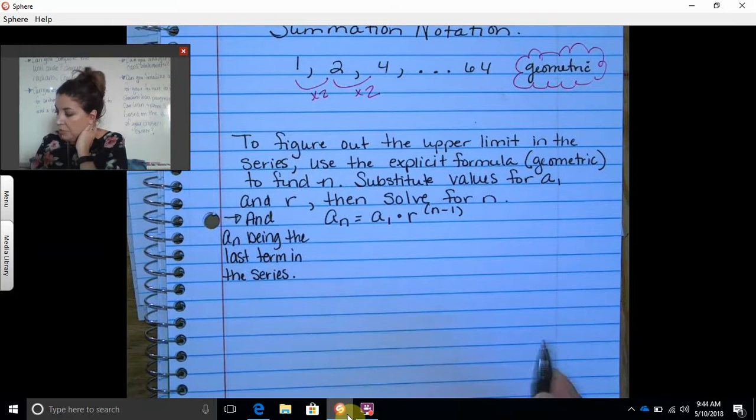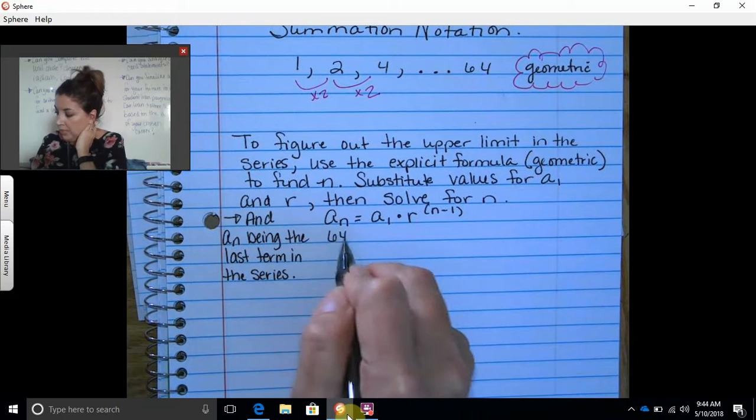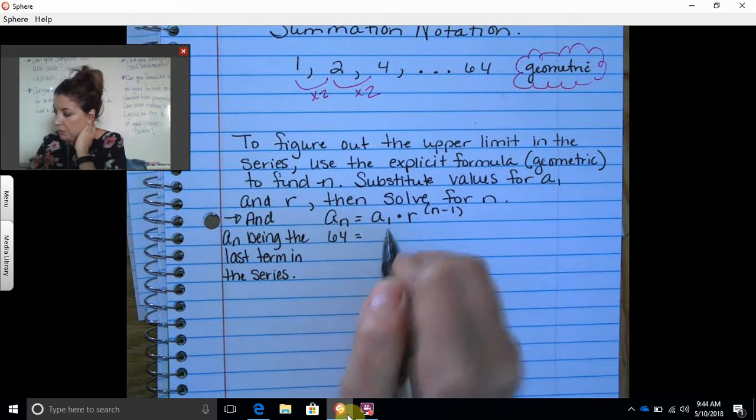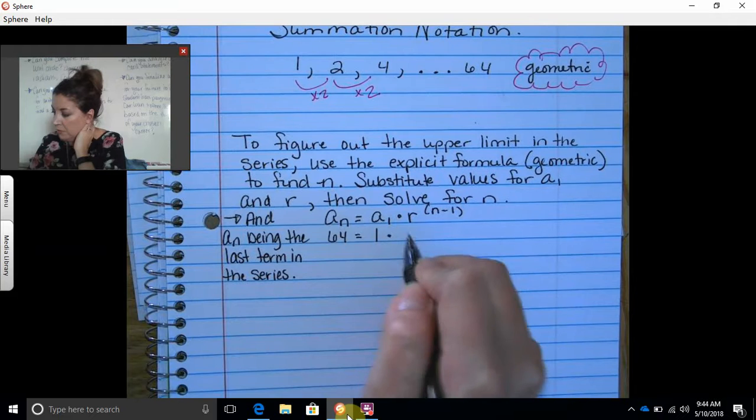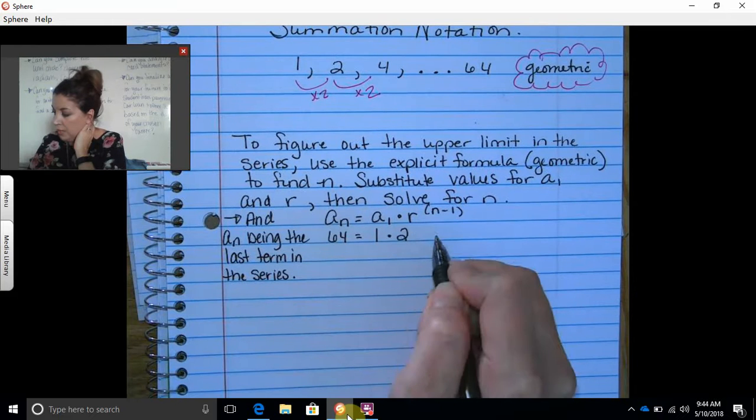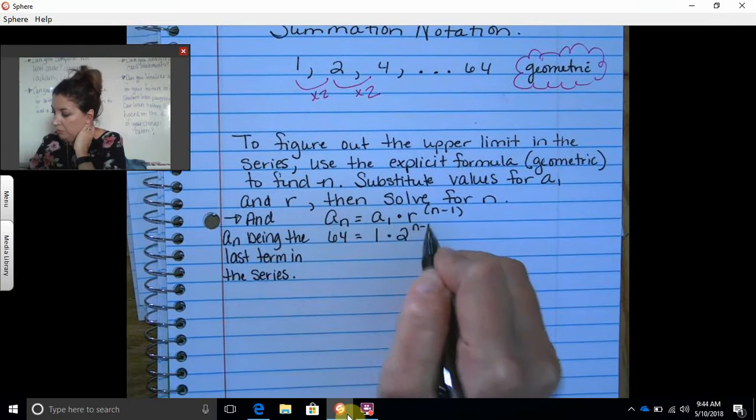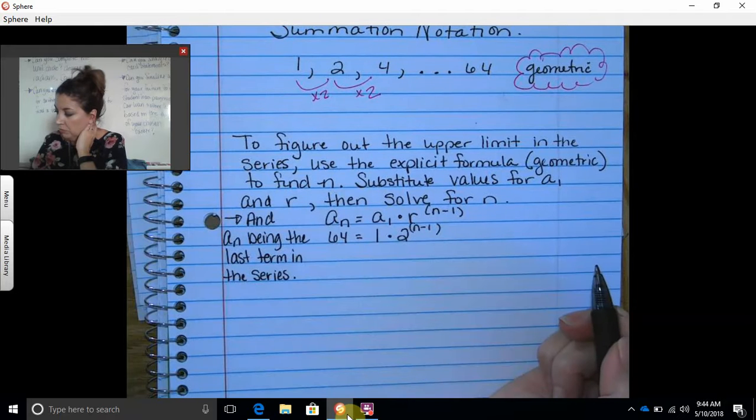So we know our last term is 64 equals, our first term is 1 times, the common ratio is 2 raised to the n minus 1. And we're trying to solve for n. How many terms are there in the series?